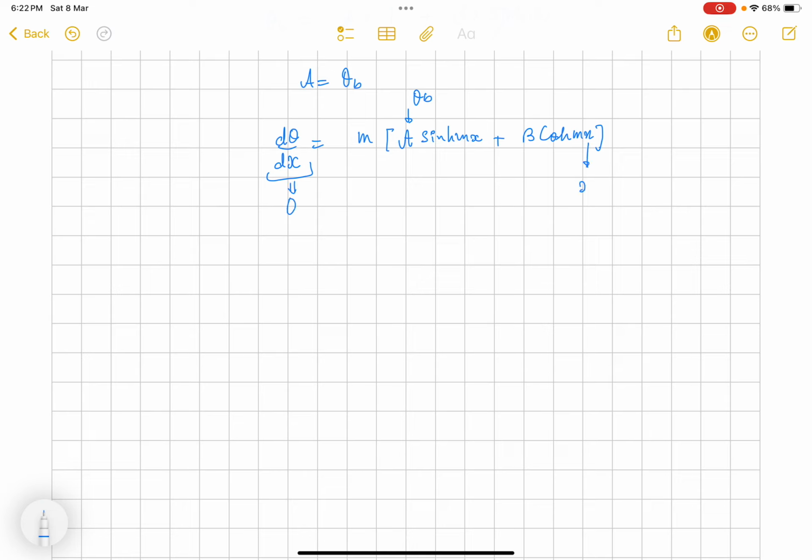So put 0 equal to m times (theta_b sinh(mL) plus B cosh(mL)), so B we can find as minus theta_b tanh(mL).